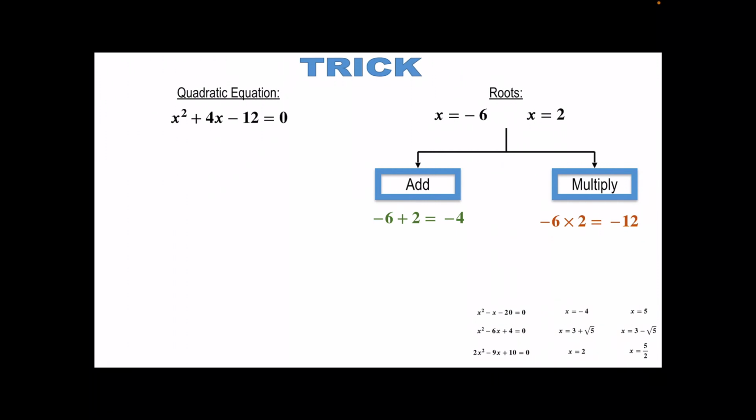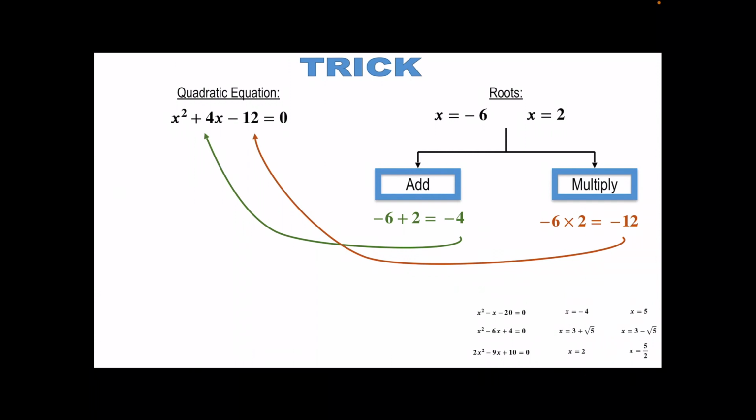Now if you observe this addition and multiplication answers with the equation, you will find that the answer of addition is somewhat similar to the middle term of the quadratic equation, and the product is equal to the last or the constant term of the equation.